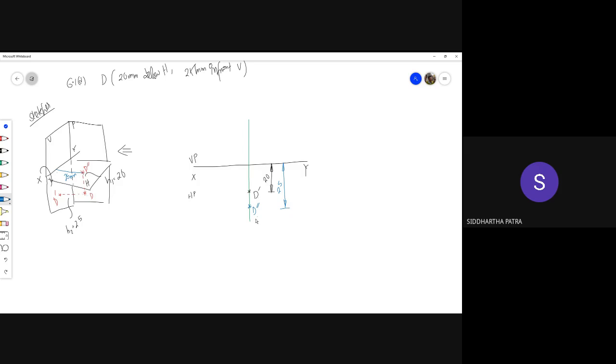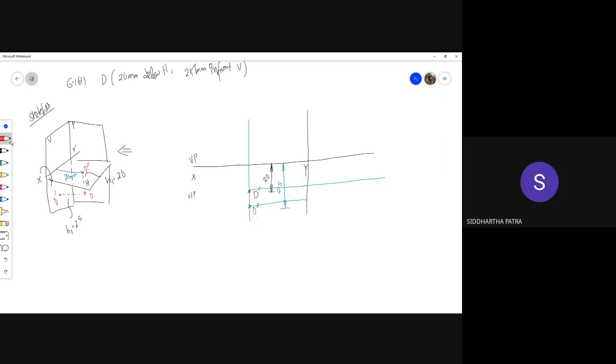And if you want to draw the profile view, as usual, start from the front view. And this one is for the top view.